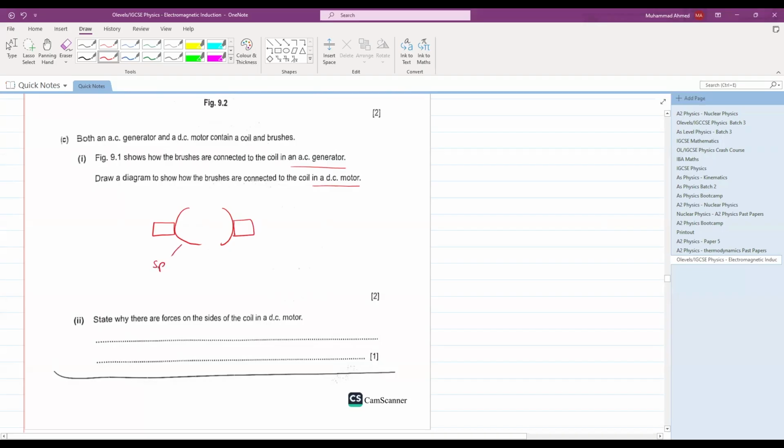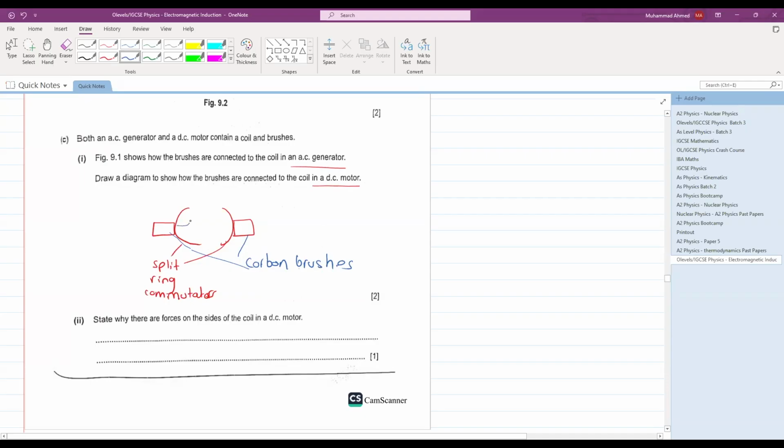Let's label them. These are split ring commutators, both of them. And these are your carbon brushes. Let's also label the carbon brushes like this. How is a coil connected to it?